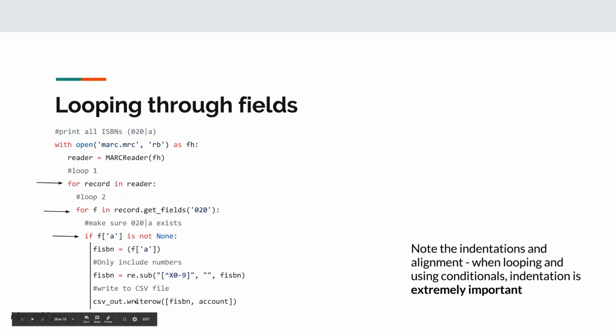So for example, this very last statement is part of the CSV output. So we're writing to essentially an Excel file. If I moved this statement, CSV out to write row, and I didn't have it indented all the way, maybe I indented it back here, you might end up with only one 020 field written for each record.